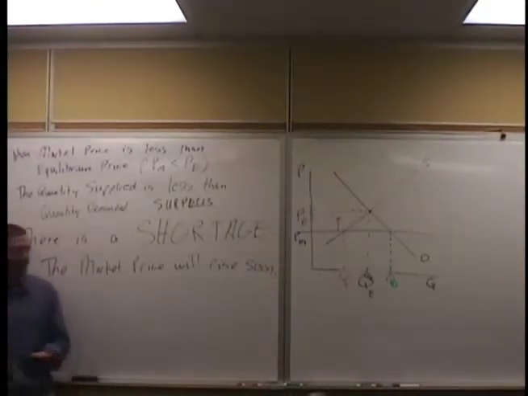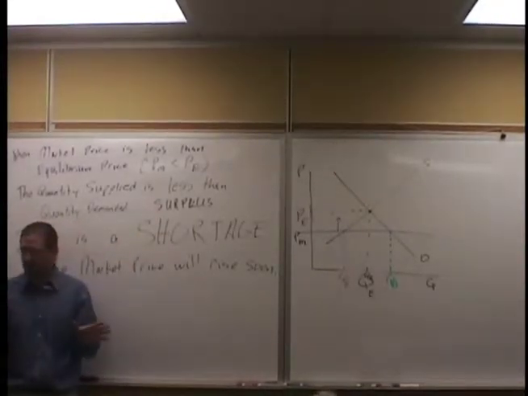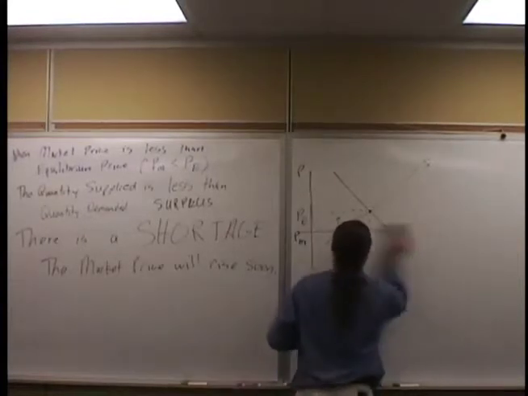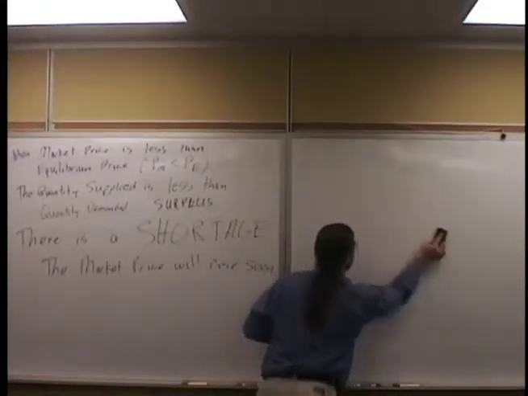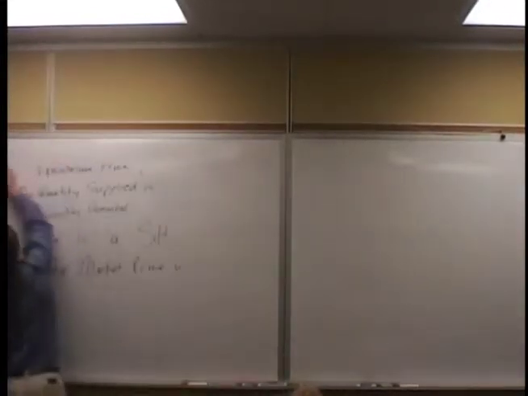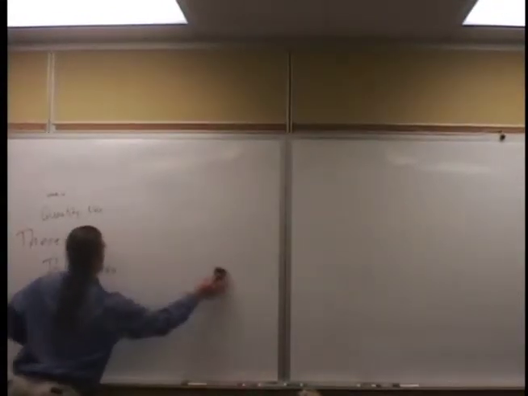Before you say the price has ever changed, you had better have said one of these two things, because those are the only two things that make it change. All right? All right. So, with that in mind, let's actually start trying to analyze these markets.